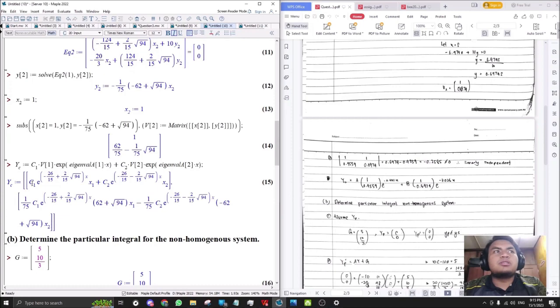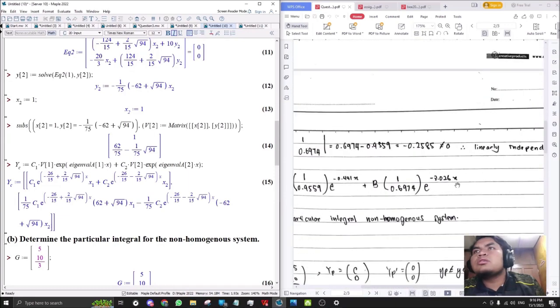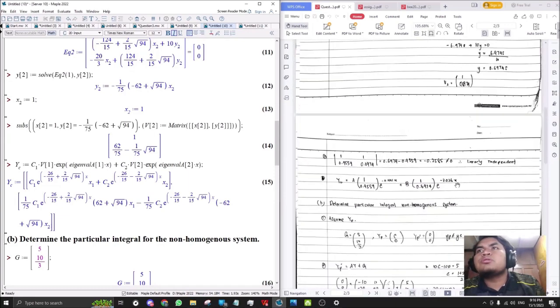To insert the yc number, just with this equation, see here: yc equals a times 1 over 0.9559 exponential negative 0.441x plus b times 1 over 0.6974 exponential negative 3.026.